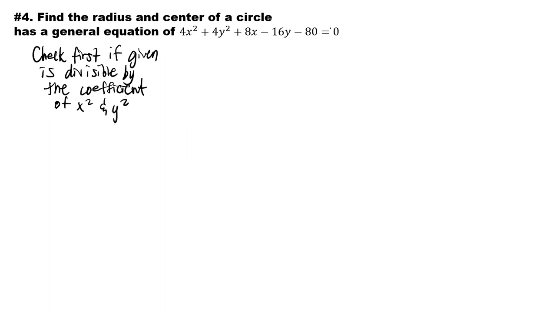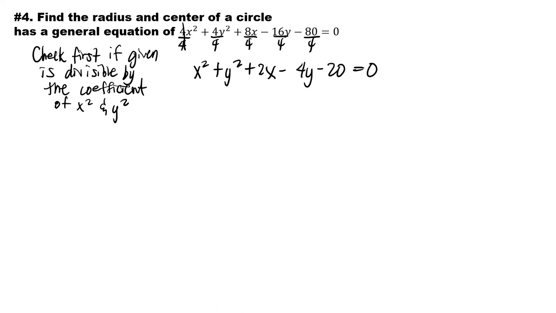Divisible ba sila lahat? So let's check. So divide natin kay 4, divide mo kay 4, divide mo kay 4, divide mo kay 4. So our equation now will be x squared plus y squared plus 2x minus 4y minus 20 is equal to 0.